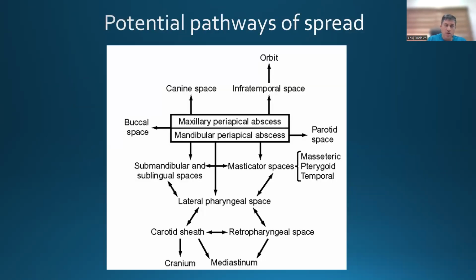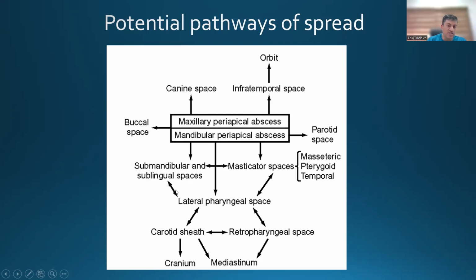Okay. Now, what are the potential pathways of spread of infection? Let us not discuss the upper half of the diagram. Let us focus on the lower half of the diagram. Any disease that starts off in the mandibular periapical region either involves the submandibular space or the sublingual space.